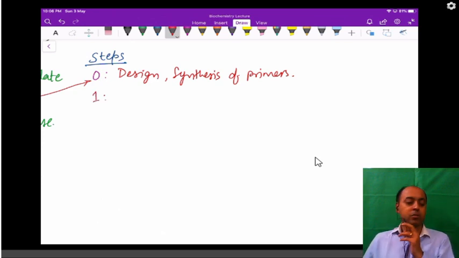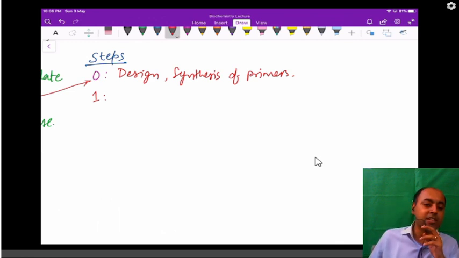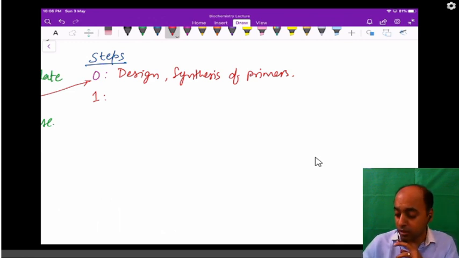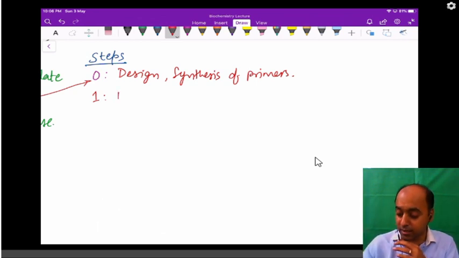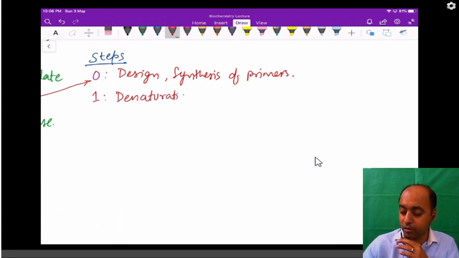Once we've designed and synthesized the primers and we have all the substrates, we carry out the separation of the two strands, which is known as denaturation. After separating the two strands, we allow the primer to attach. This is known as annealing.